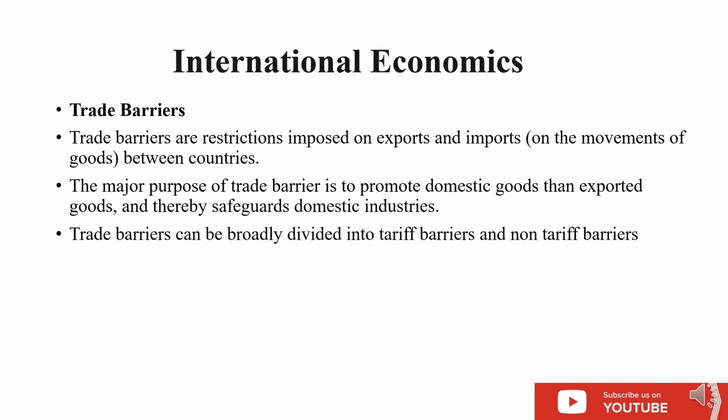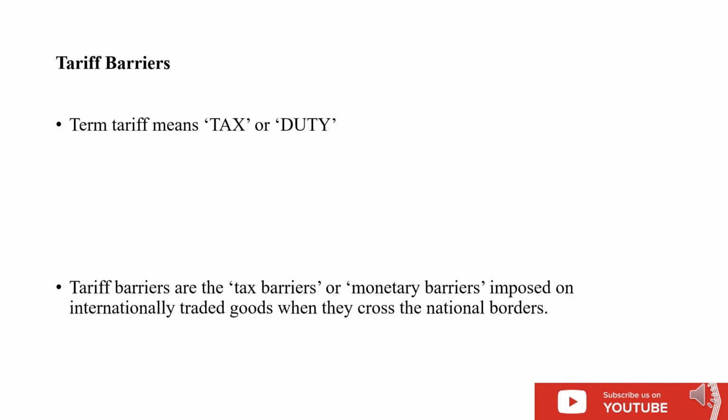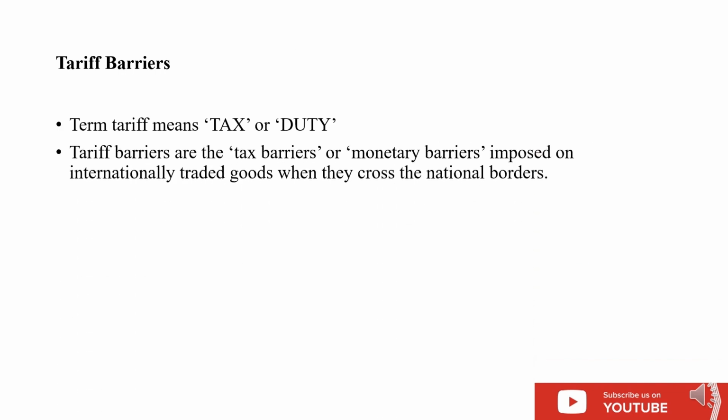Trade barriers can be broadly divided into tariff barriers and non-tariff barriers. First, tariff barriers. The term tariff means tax or duties. Tariff barriers are the tax or monetary barriers imposed on internationally traded goods when they cross the national border.